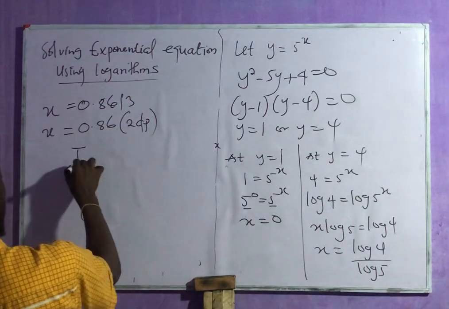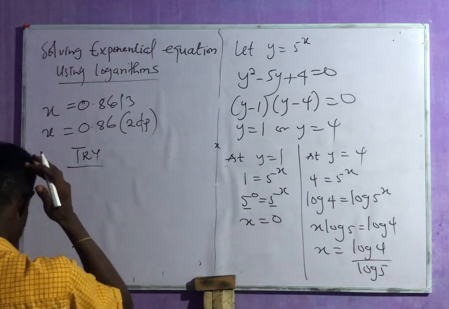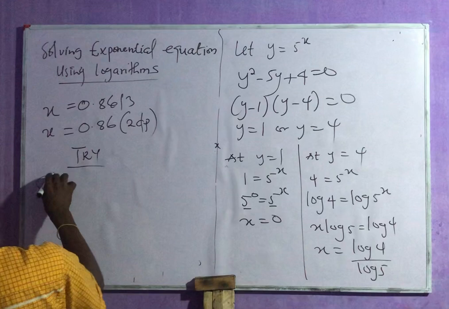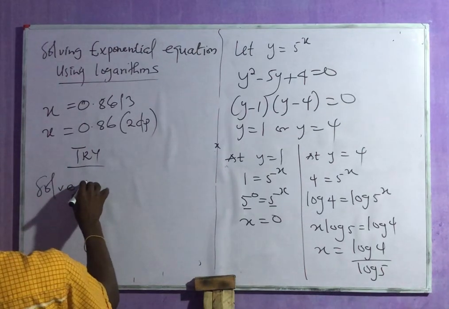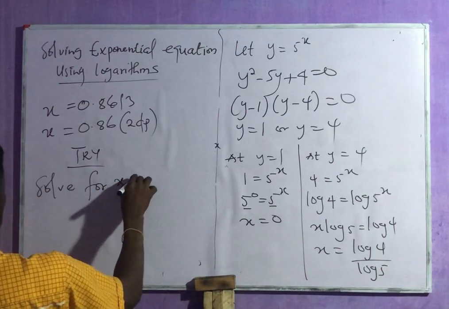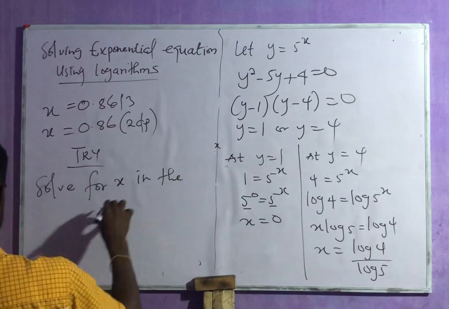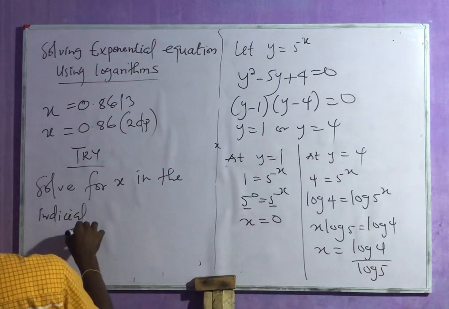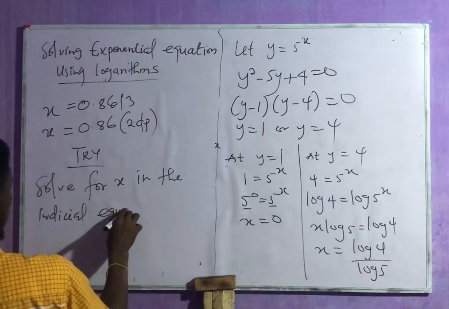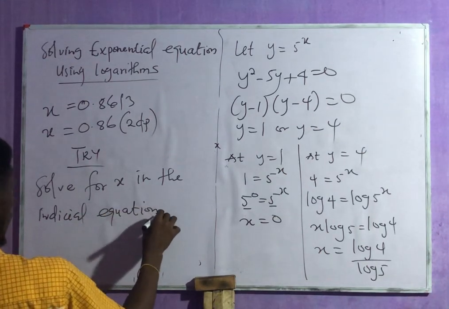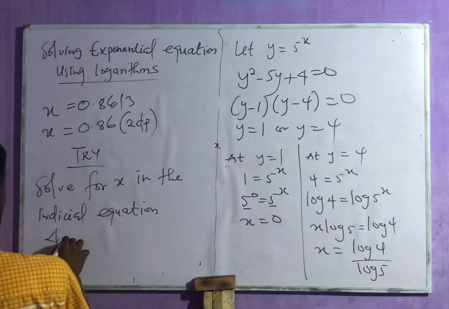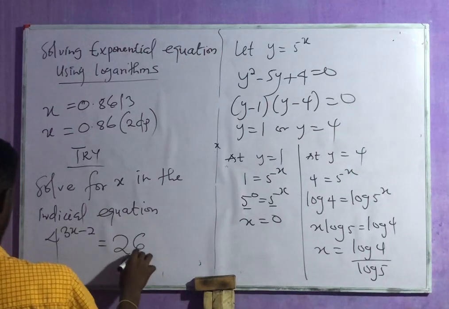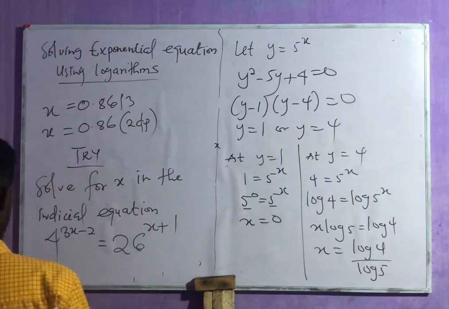Now try this and leave your answer in the comment section. Find x in the equation 4 to the power 3x minus 2 equals 26 to the power x plus 1.